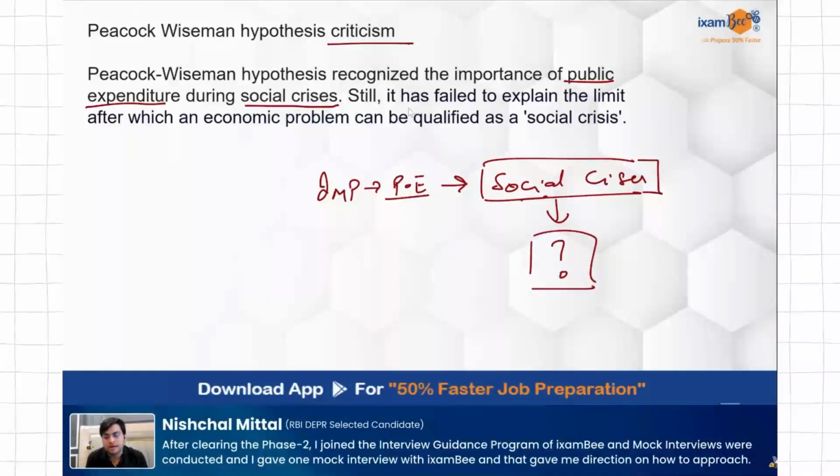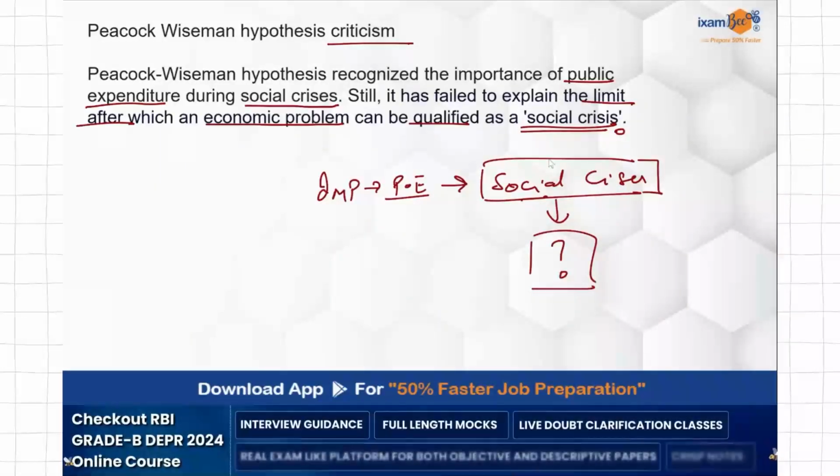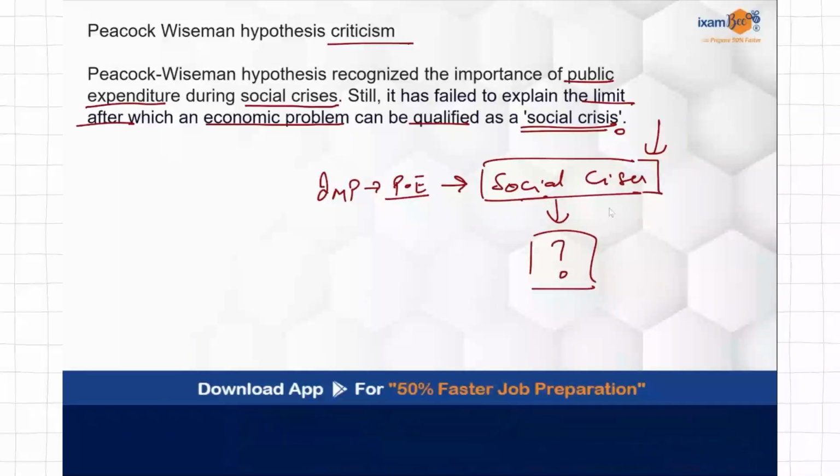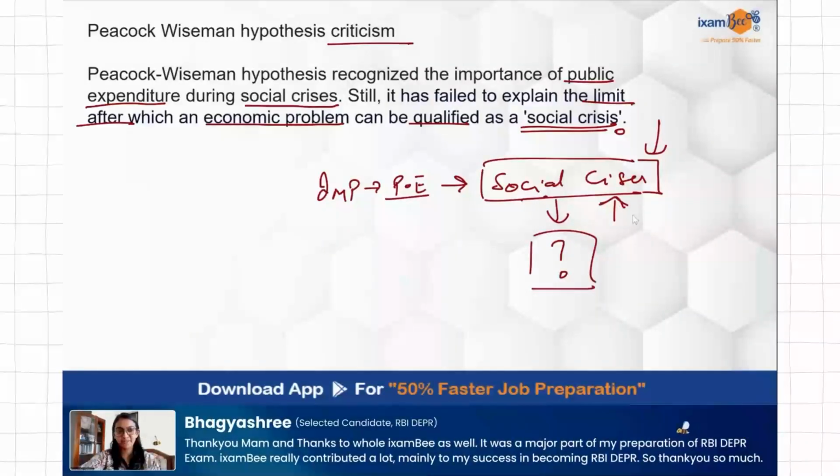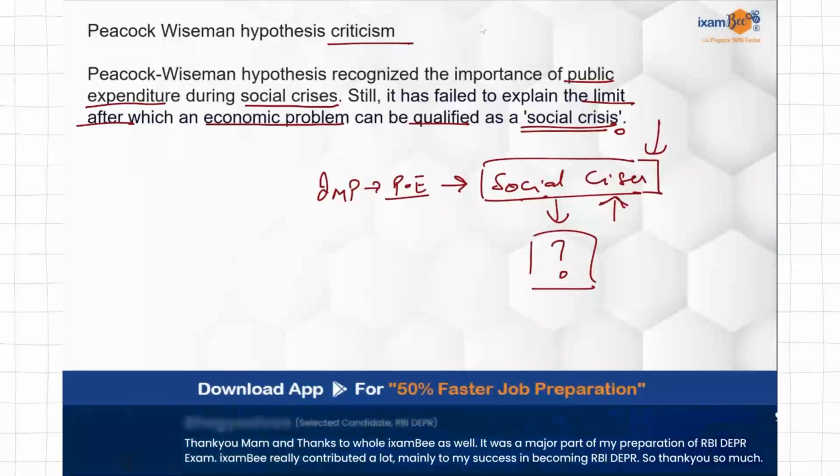It has failed to explain the limit after which an economic problem can be qualified as a social crisis. It recognizes the importance of public expenditure during a social crisis, but fails to say when there is a social crisis. If we are not sure about when there is a social crisis, how can we recognize the importance of public expenditure during it? This is the criticism of the Peacock-Wiseman hypothesis.